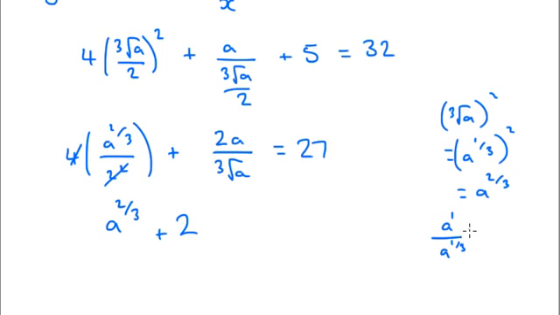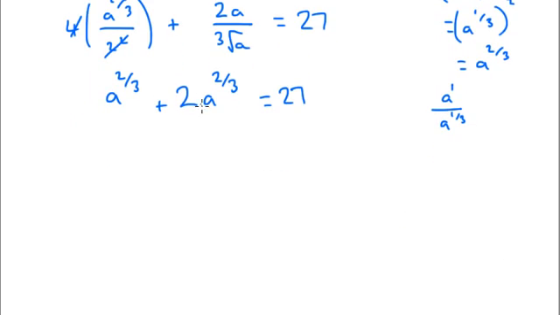And that's got a power of 1, so if we're dividing, we're going to take away the powers, so that's going to be a to the 2/3. So we've got a to the 2/3 plus 2 more a to the 2/3 is equal to 27. So that's 3a to the 2/3 equal to 27.